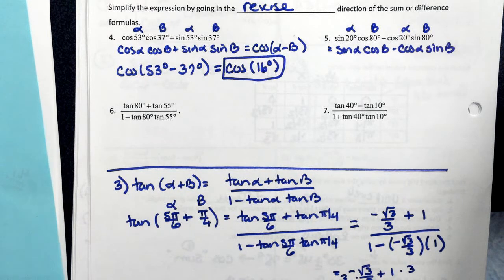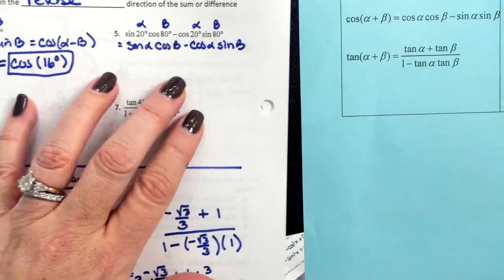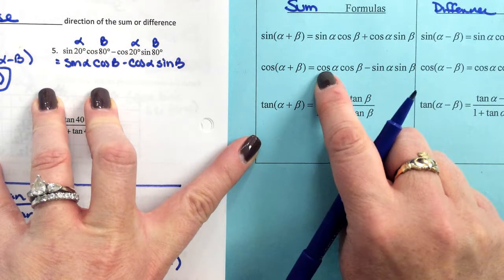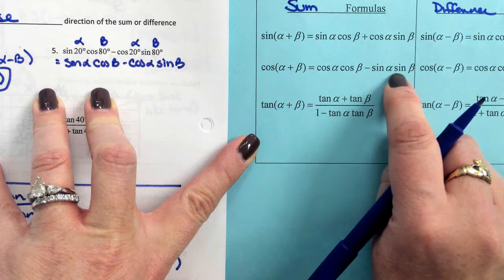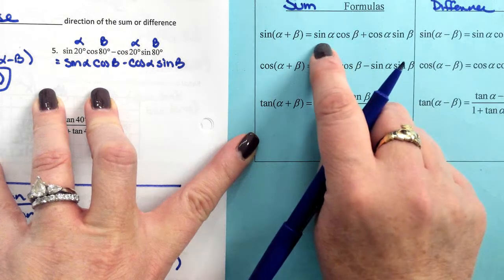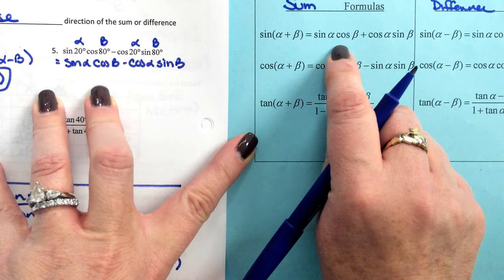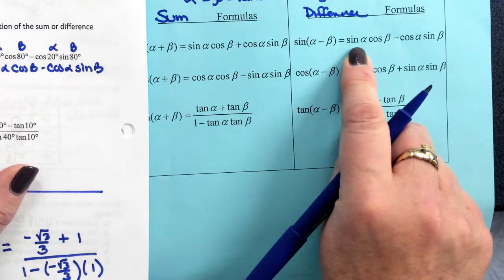So then looking on your blue formula sheet, which formula does this come from? Notice your cosine formulas will have your two cosines multiplied together, the two sines multiplied together. The sine sum and difference formula has a sine and a cosine mixed together. So when you look right here, notice this is coming from your sine difference formula.